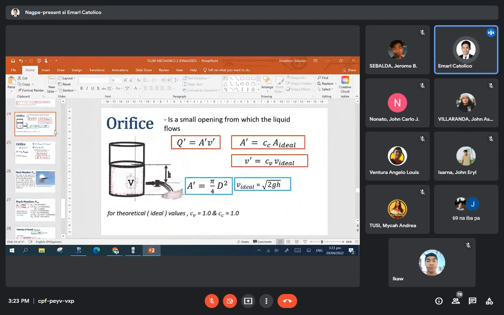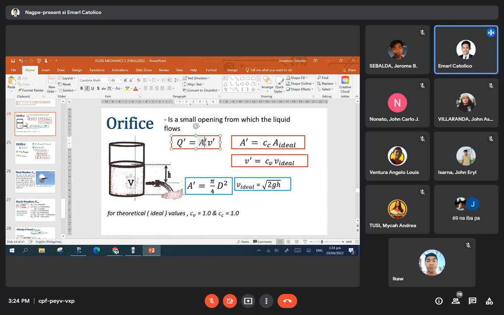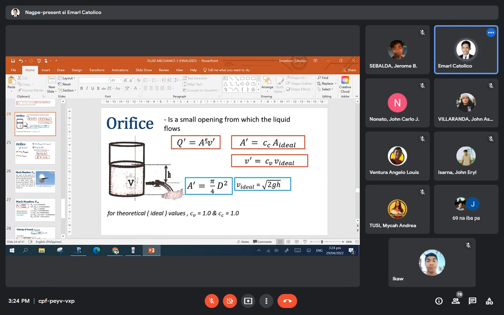Orifice naman tayo. Orifice is a small opening from which the liquid flows. Formula natin, volume flow rate at orifice is area prime times velocity prime. Area prime mo, yan yung actual mo na area. I-multiply mo yan sa Cc. Okay? Cc is coefficient of contraction.